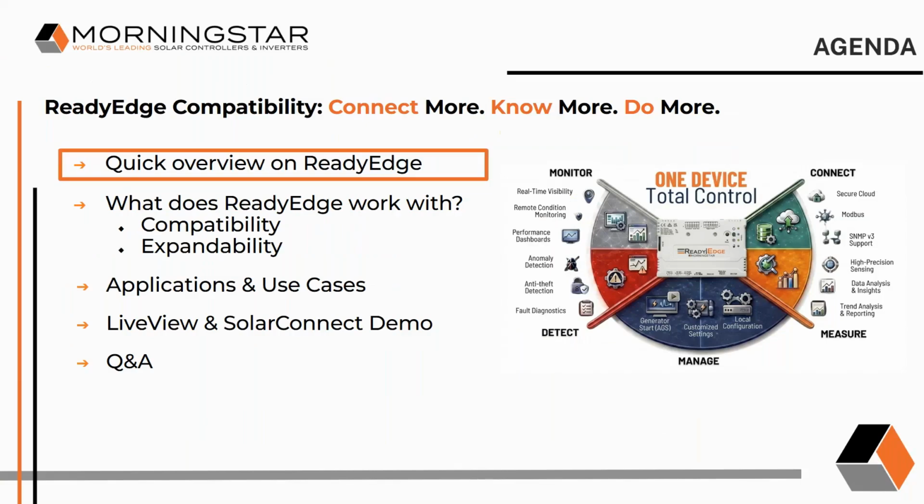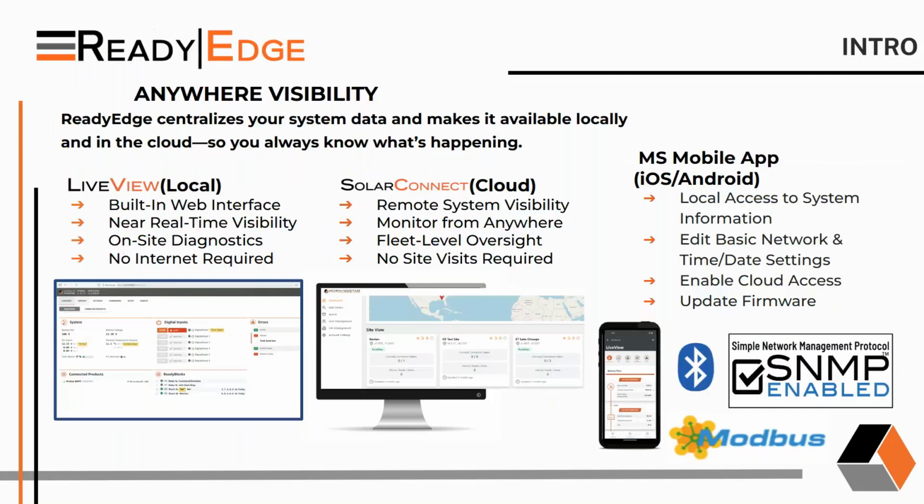So as Kyle said, we're gonna start off with a quick overview on the ReadyEdge, the features. Our customers have been asking us for a long time for things like a cloud service or Bluetooth, in addition to a lot of the features that we've had for a while, like SNMP and Modbus.